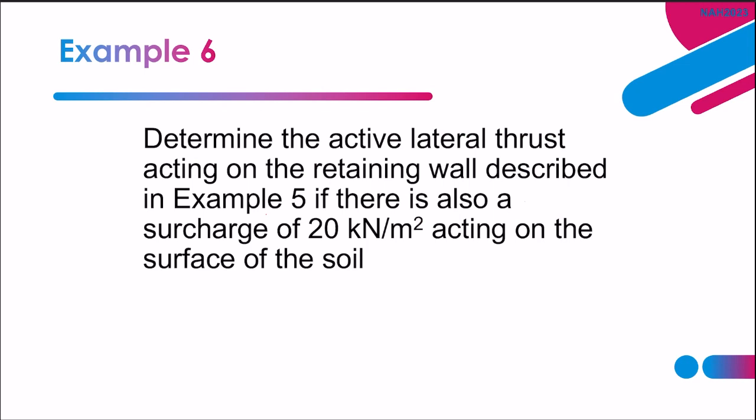Now, let's look at example number 6. Determine the active lateral thrust acting on the retaining wall described in example 5 if there is also a surcharge of 20 kilonewton per meter square acting on the surface of the soil.